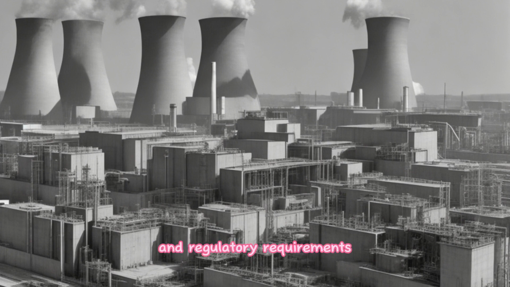Industry guidelines and regulatory requirements. Cable aging management programs typically adhere to industry guidelines and regulatory requirements specific to nuclear power plants. These guidelines may provide recommendations on surveillance intervals, inspection techniques, and testing methods. Regulatory authorities often set requirements for cable aging management, including periodic inspections, testing, and reporting.